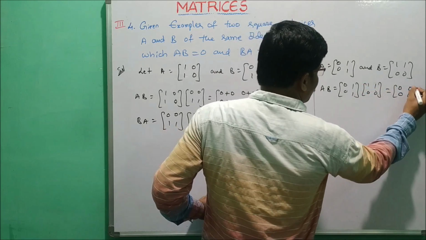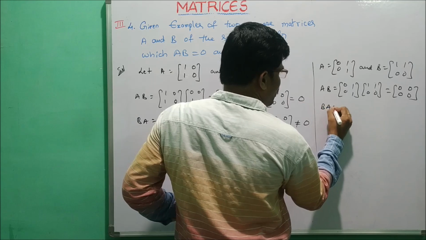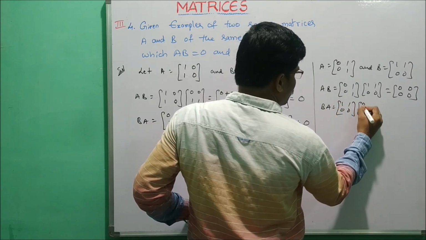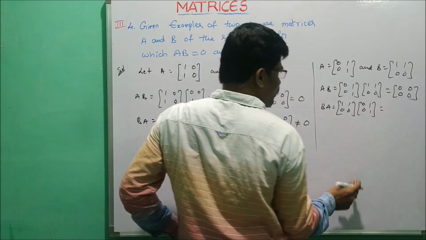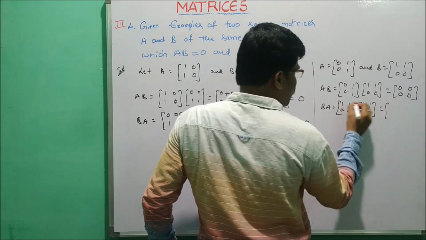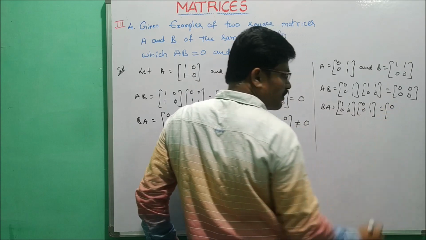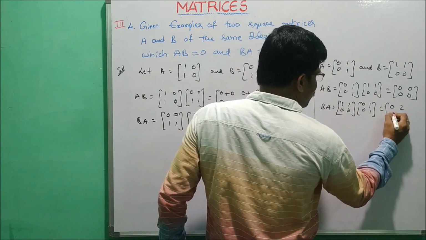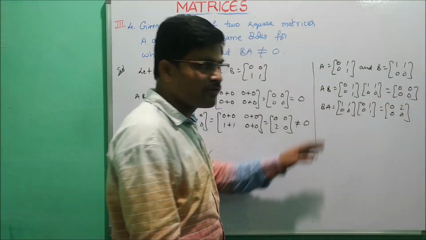This is also 0. Similarly we take the product BA, 1 1 0 0 into 0 0 1 1. Now multiply: 1 into 0 0, 1 into 0 0, total value 0. 1 into 1 1 plus 1 into 1 1, this is 2. This is 0, this is 0. So this is also one example.